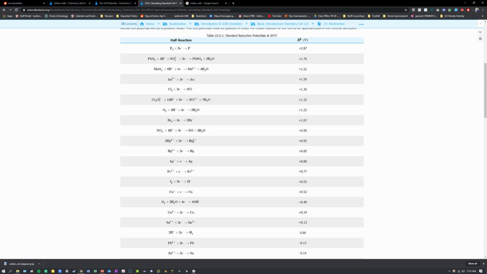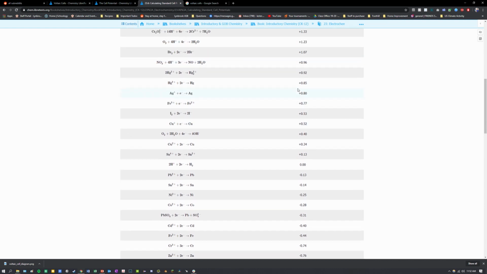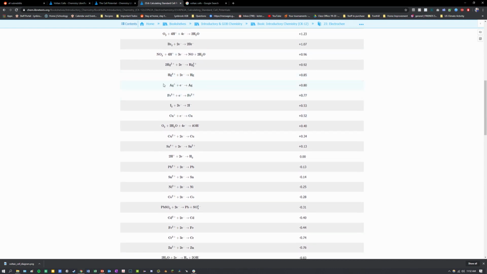Remember, this is what this little circle means here, E representing cell potential. And we just have to find our half reactions. We see we found silver here. Silver is 0.8 volts. And this is our copper half reaction. We have 0.34 volts.